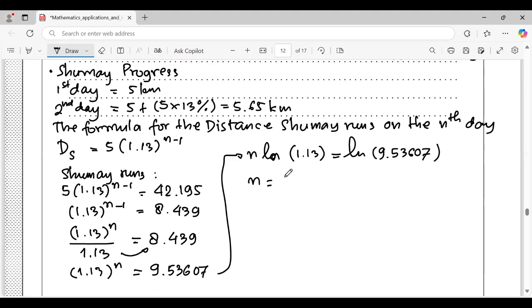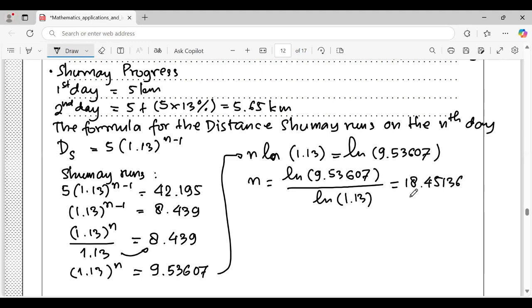So n equal ln 9.53607 over ln 1.13. And if you calculate, the result is 18.45136. Round off, 18.5 days.